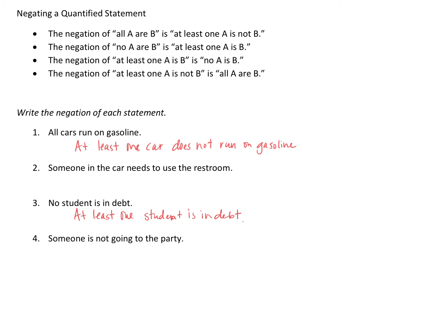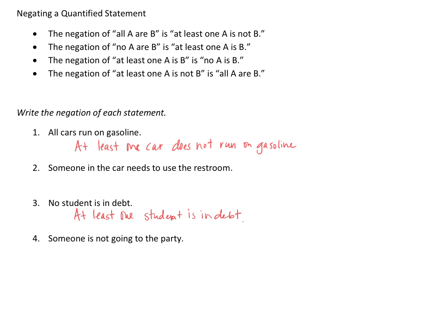Okay, so number 2 and 4 then are the existential quantifiers. I said qualifiers, I meant quantifiers. So we're going to negate those with universal quantifiers. Number 2, someone in the car needs to use the restroom. So that's at least one person needs to use the restroom.